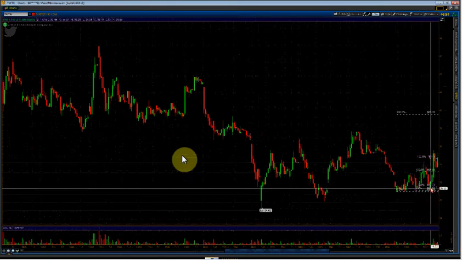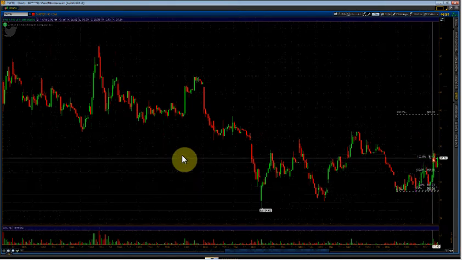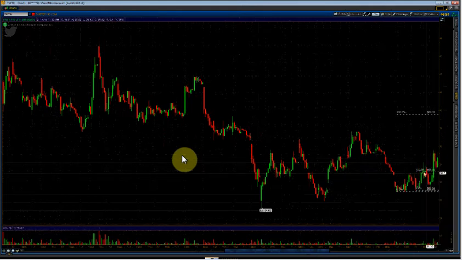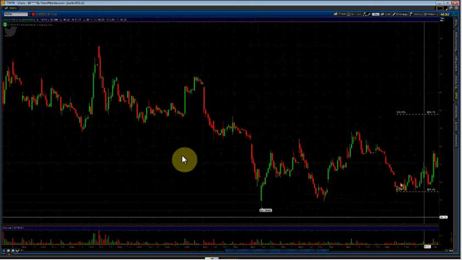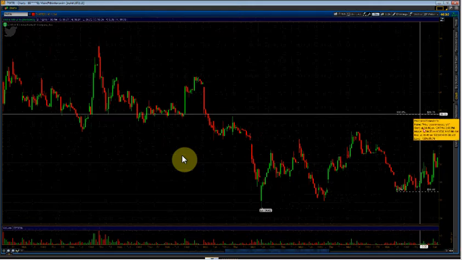Right here, there's another trade to make. And it exceeded it, but it still hit it. These are all individual trades that you can identify on it, all while still staying in that trade to here.